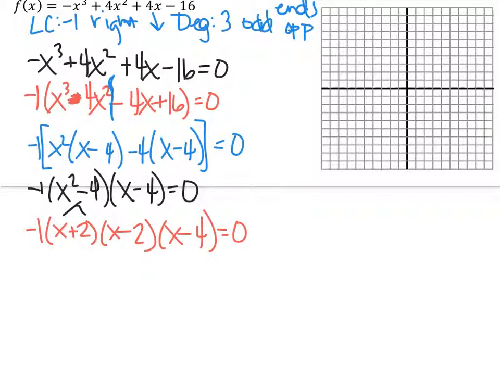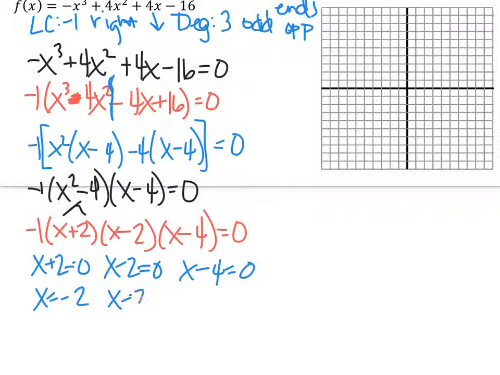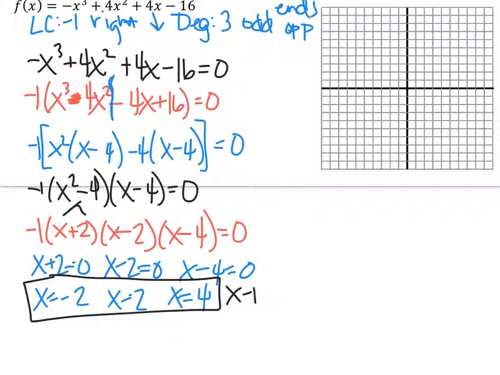I don't have to worry about the GCF because there's no x with it. So I just have to take x plus 2 and set it equal to 0, x minus 2, and x minus 4. So my answers will be x equals negative 2, x equals positive 2, and x equals 4. So again, these are my 3 x-intercepts.